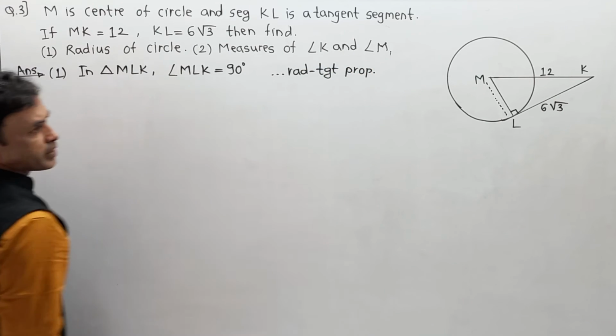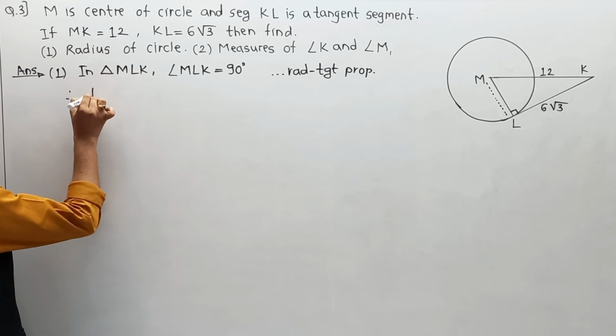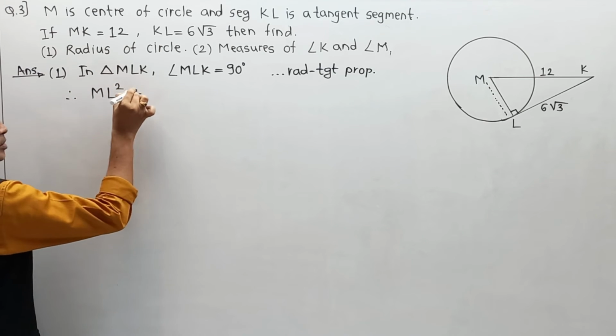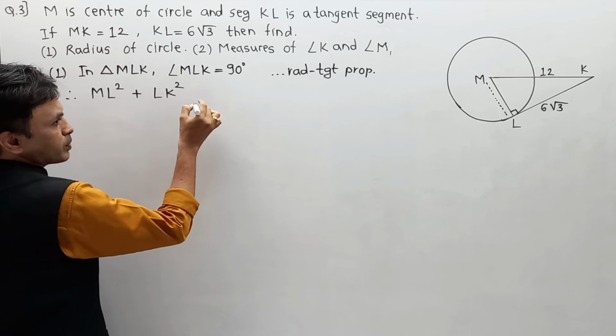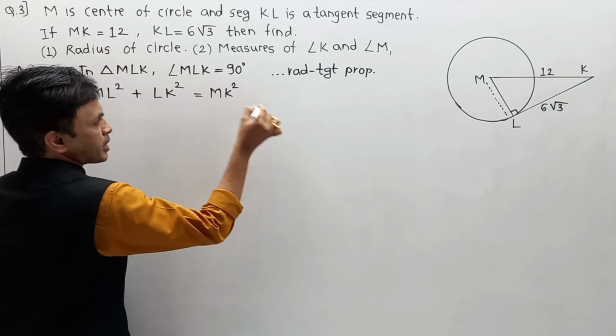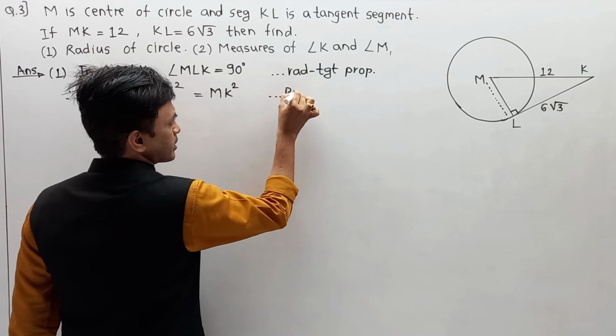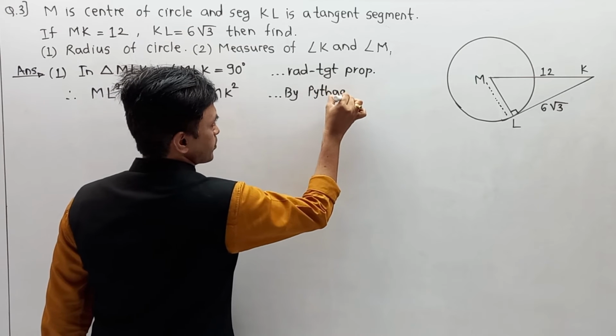Therefore, we can write ML square plus LK square is equal to MK square. Reason: by Pythagoras theorem.